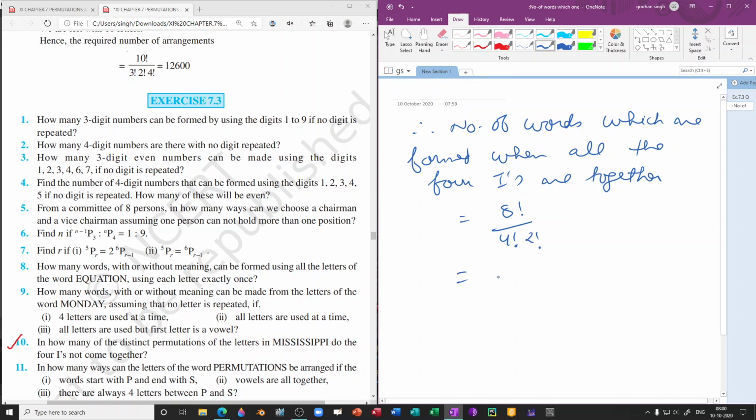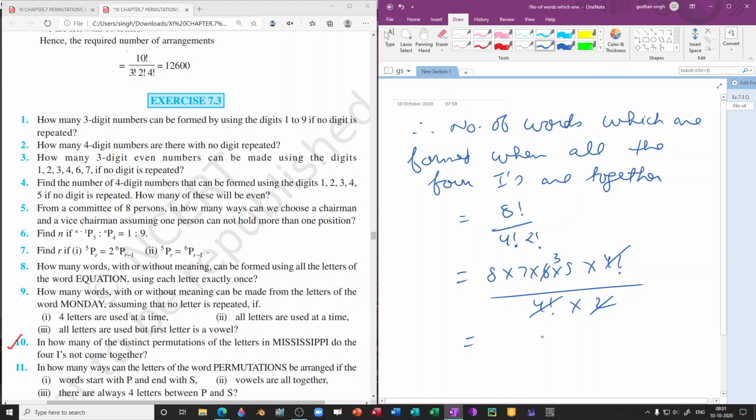So this will give us 8 into 7 into 6 into 5 into 4 factorial over 4 factorial into 2 factorial. 2 factorial is 2 into 1, that is 2 only. 4 factorial will cancel out. Then here we can cancel out 2 and 6, so that will become 3.